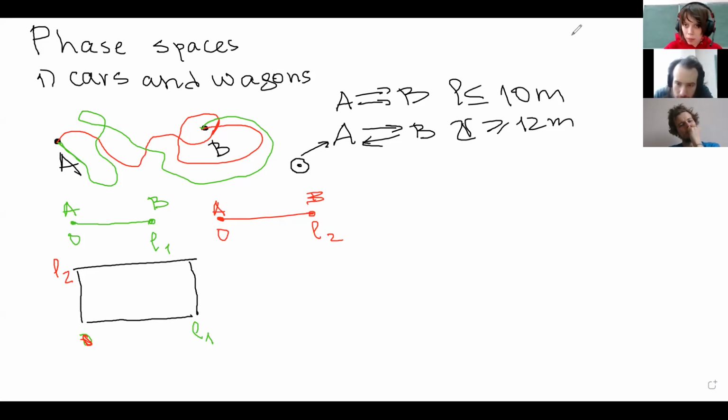The cars, I'll draw them in pink. They go in the same direction, so they start here from A. Both the car on the green road and the car on the red road start at A and go to B. So this point means that the car on the green road is here and the car on the red road is here.